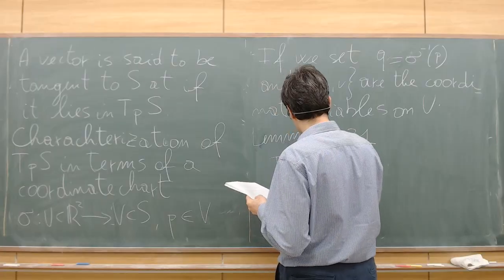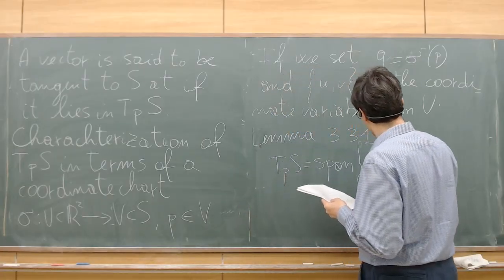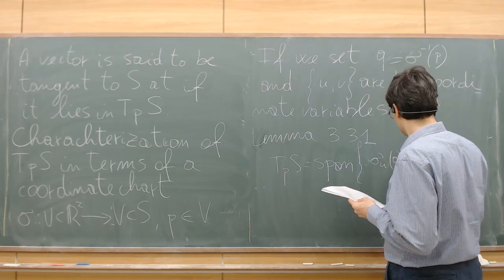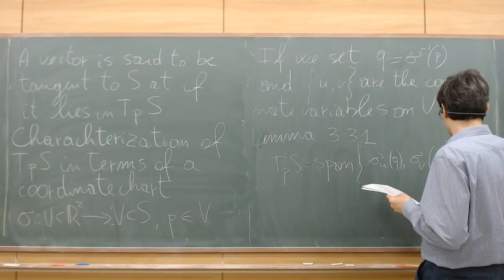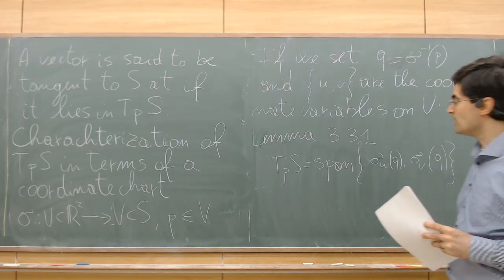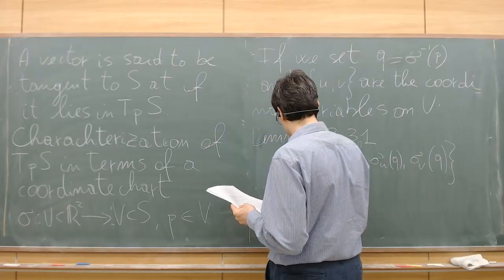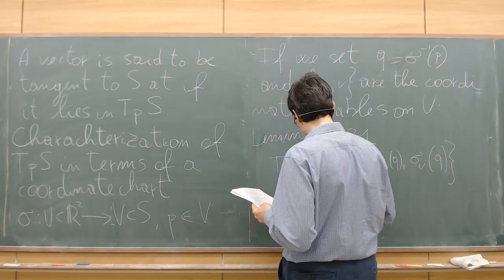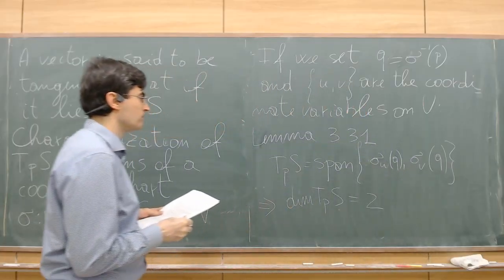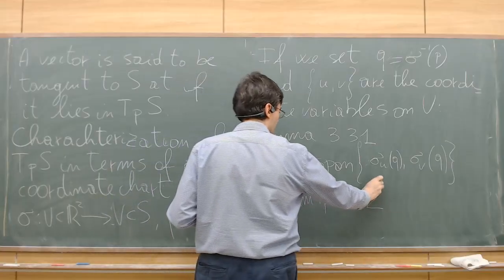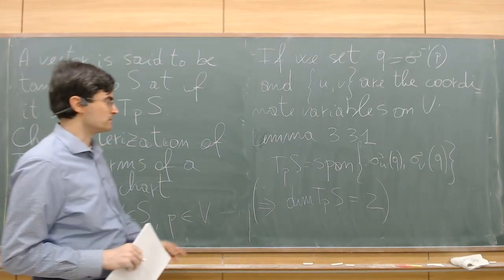TPS is the span of sigma U at Q, sigma V at Q. In particular, this implies the dimension of TPS is 2. Okay, let's prove this statement.